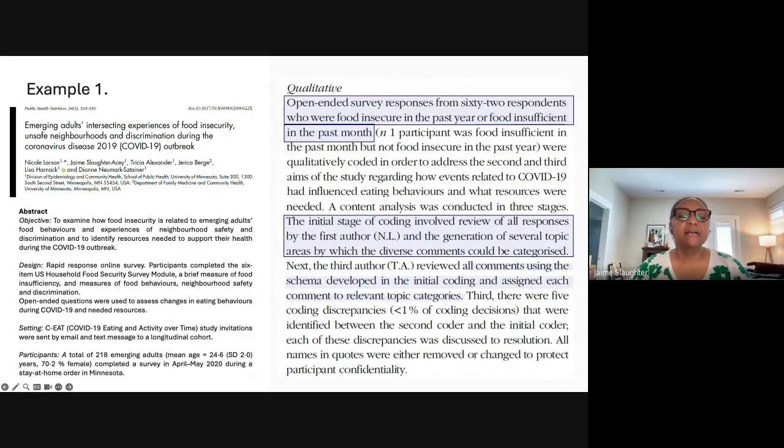And then a third author reviewed all of the open-ended comments from participants based on the initial generation of topical areas and initial codes that were developed, and then assigned those codes to each comment.